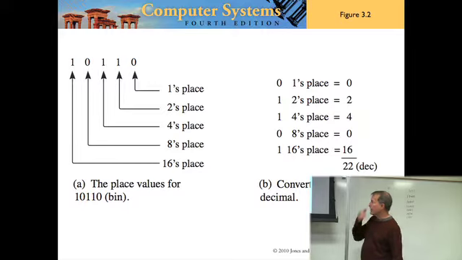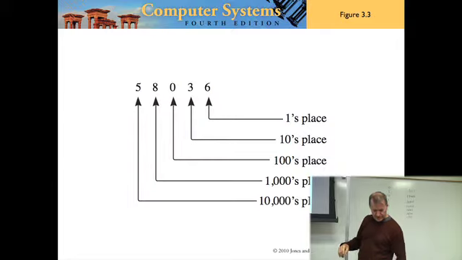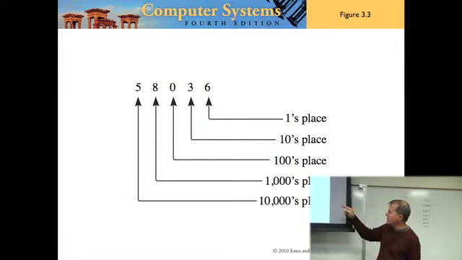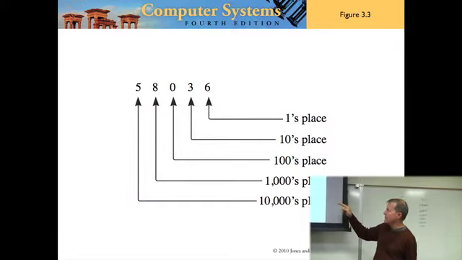Okay, now, before we do that, here in figure 3.2 are the place values. This is completely analogous to the place values for a decimal number. Here we have the decimal number 58,036.